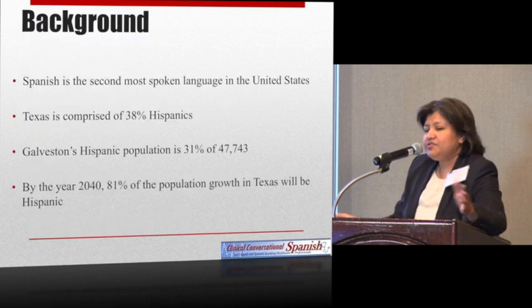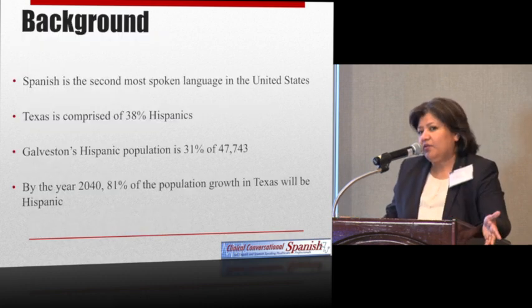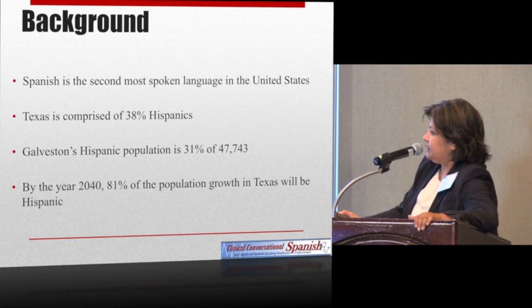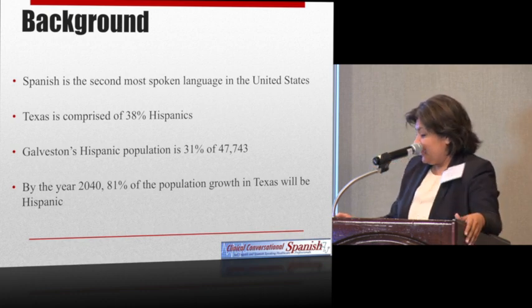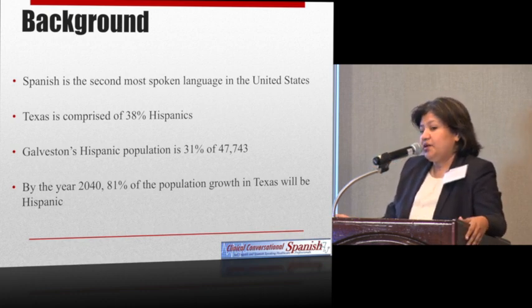There's actually a history or a background need for this course. We looked at the fact that Spanish is the second most spoken language in the U.S., and that Texas is comprised of 38% Hispanics. This percent is going up 1 to 2% on a yearly basis.